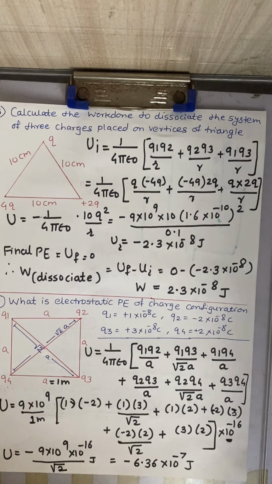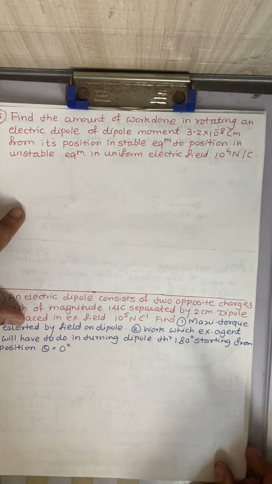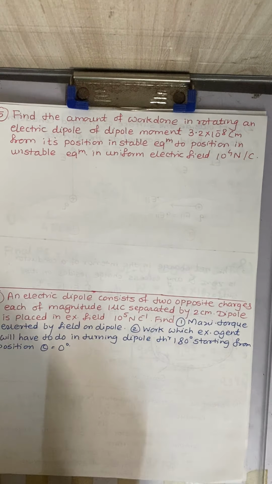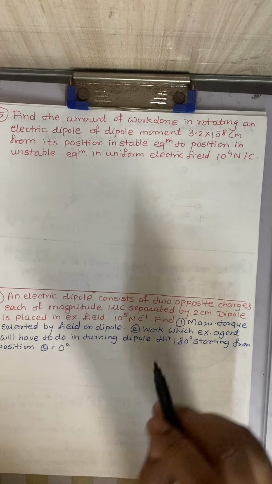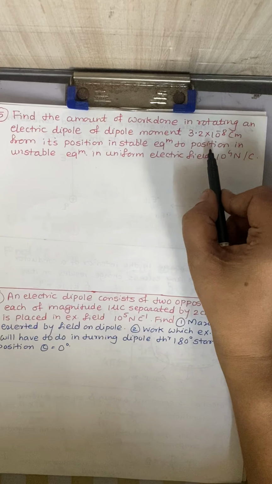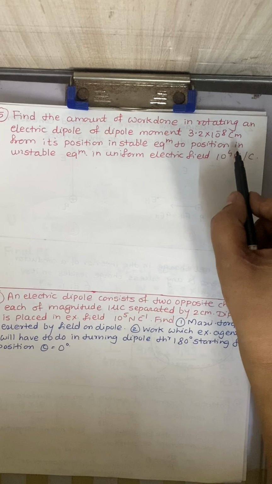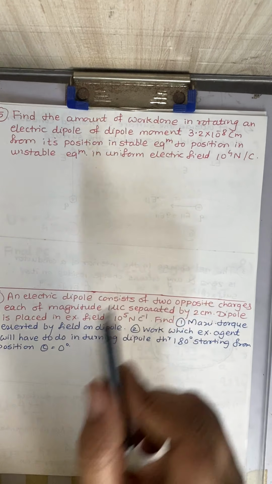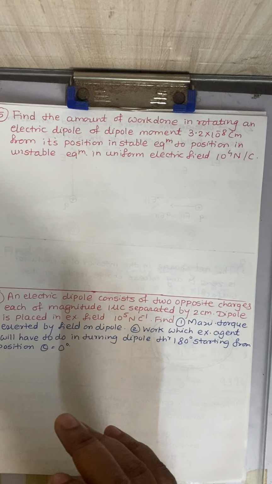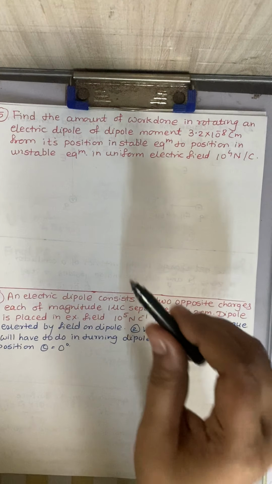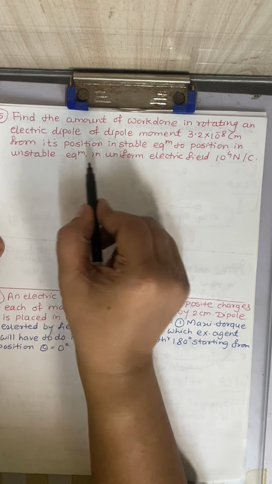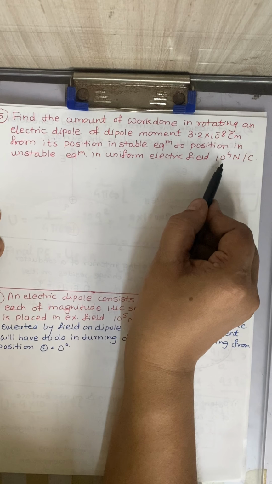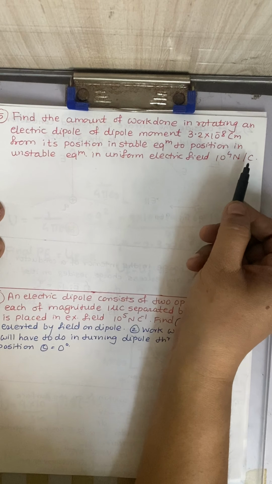Now let us understand another problem, regarding the amount of work done in rotating a dipole of dipole moment 3.2 into 10 raised to minus 8 coulomb meter from its position in stable equilibrium to its position in unstable equilibrium, where the electric field is uniform, 10 raised to 4 Newton per coulomb.